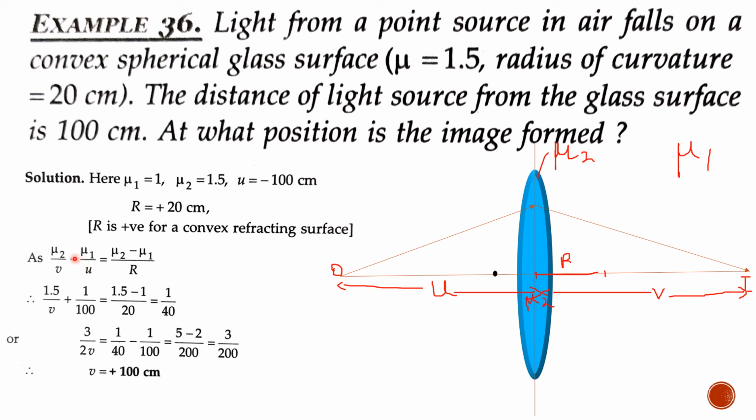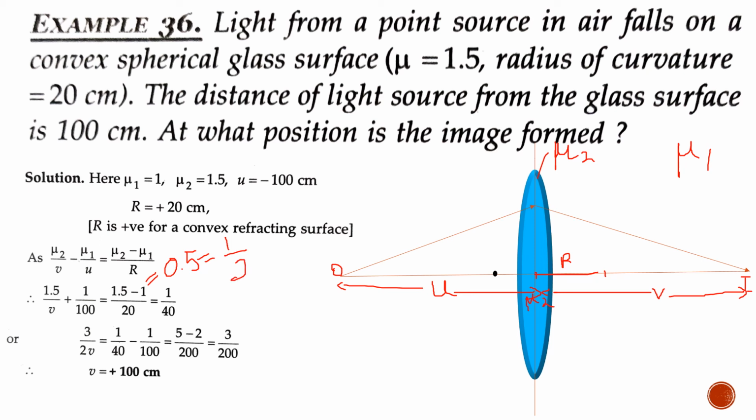Minus and minus becomes plus, so I have plus 1 by 100 on the left. On the right, mu2 is 1.5, mu1 is 1, divided by the radius of curvature, 20 centimeter. So 1.5 minus 1 equals 0.5, which equals 1 by 2.